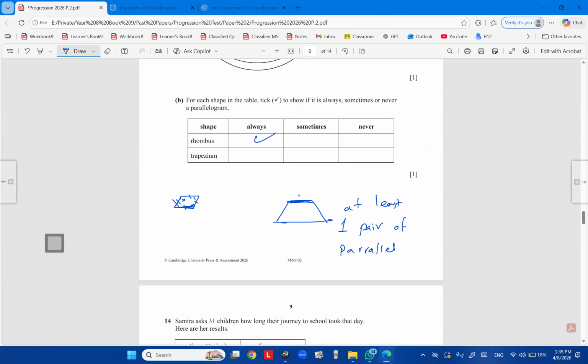One definition is that a trapezium is a shape that has only one pair of parallel sides. But actually, this is not the definition that Cambridge says. Cambridge says a trapezium is a shape with at least one pair of parallel sides. So sometimes it is actually a parallelogram.